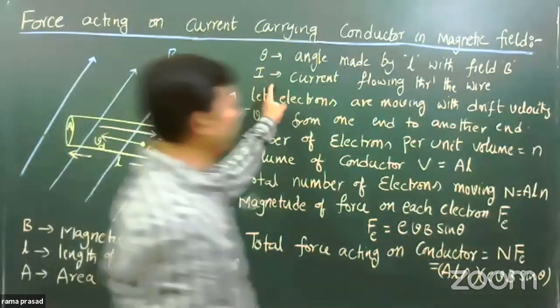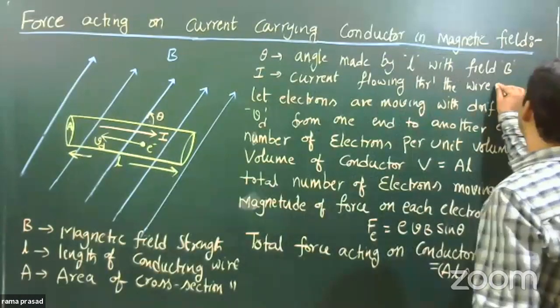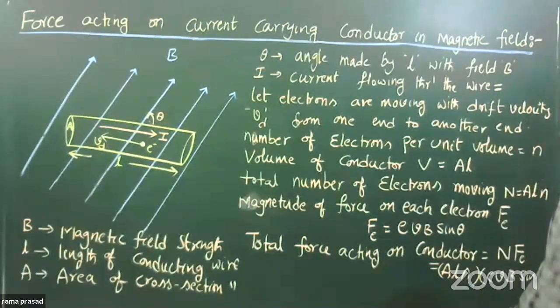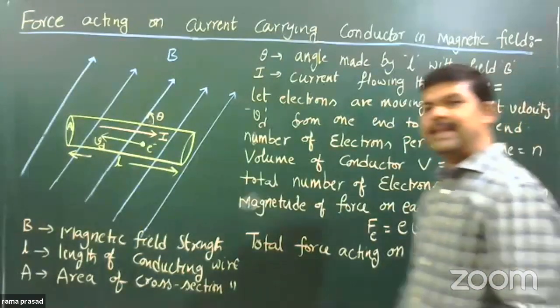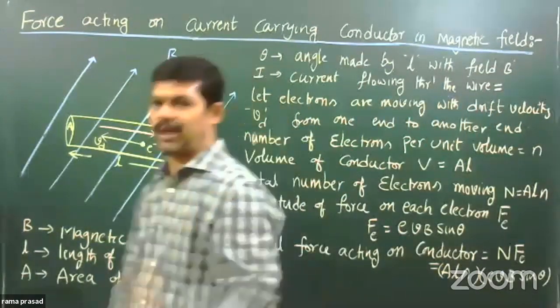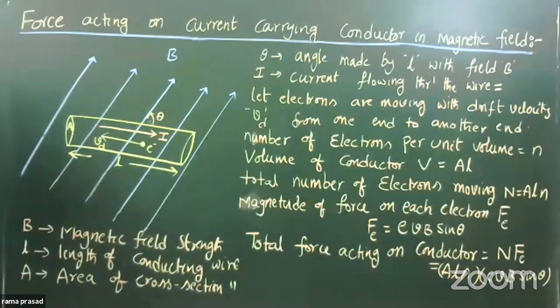Here I said current flowing through the wire. Current flowing through the wire in terms of drift velocity, you have a formula. What is it?